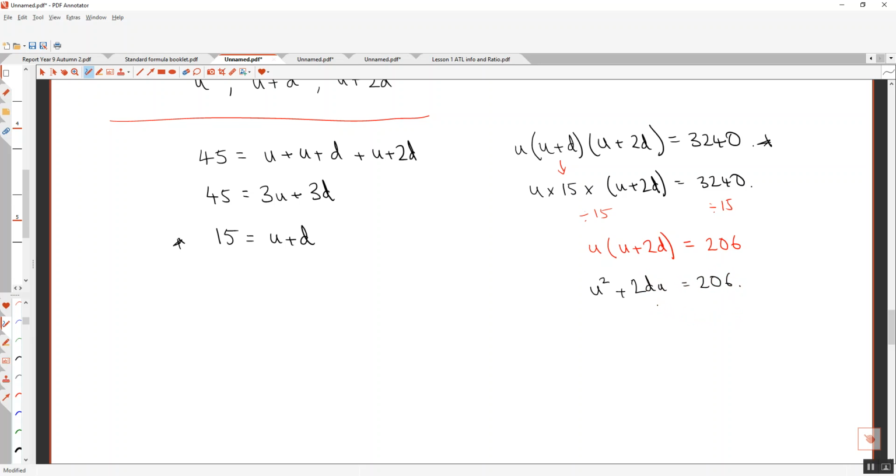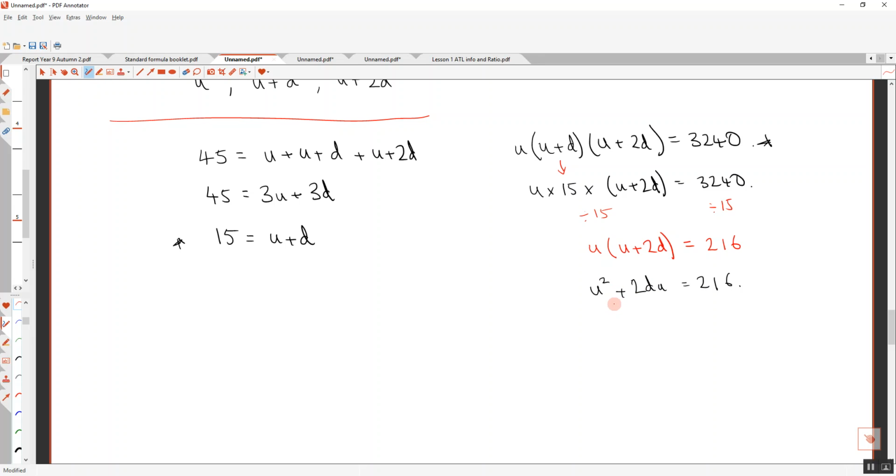Oh, it's 216. Okay. Now what? No, because if I square root this, then I need to square root 2du, and that's not going to be very nice. I've got two variables here, d's and u's. I only want one variable.